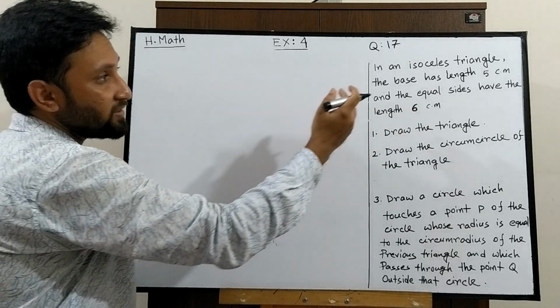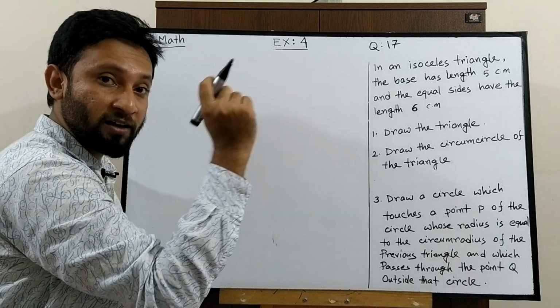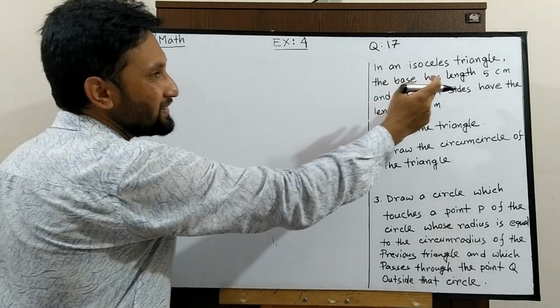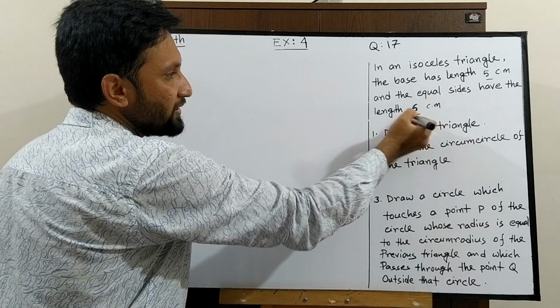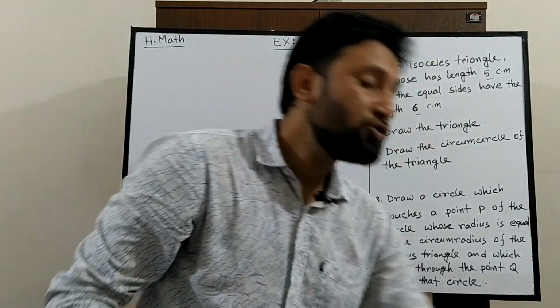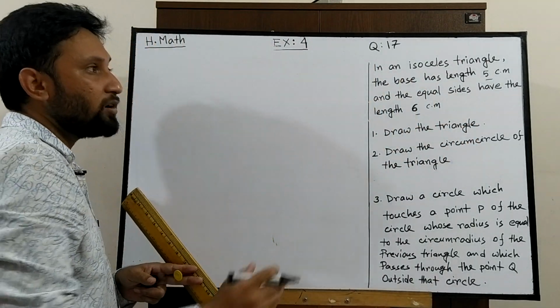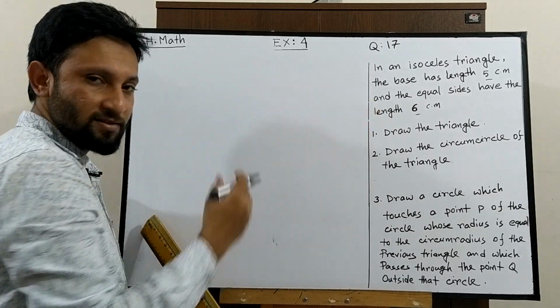So according to the statement, this triangle must be an isosceles triangle where the base side length is 5 cm and the other two equal sides have length 6 cm. At first, by using a scale, draw the base side length of 5 cm and the other two side lengths of 6 cm.